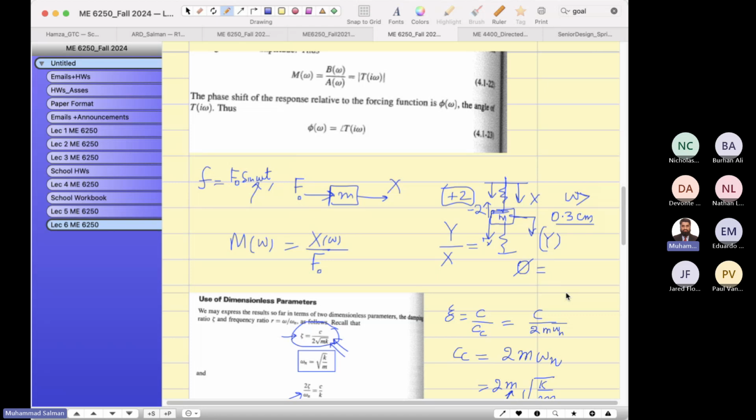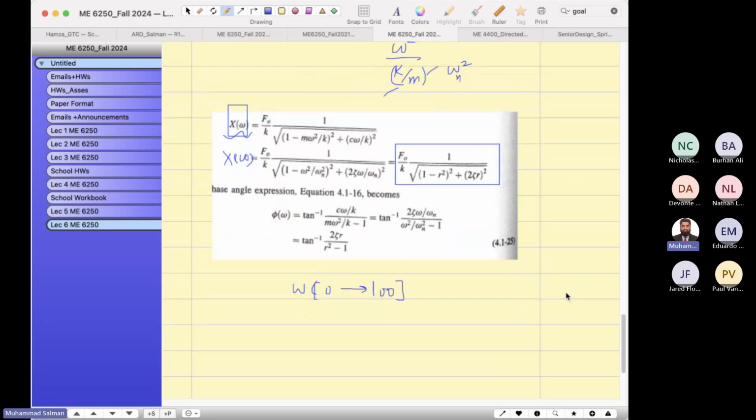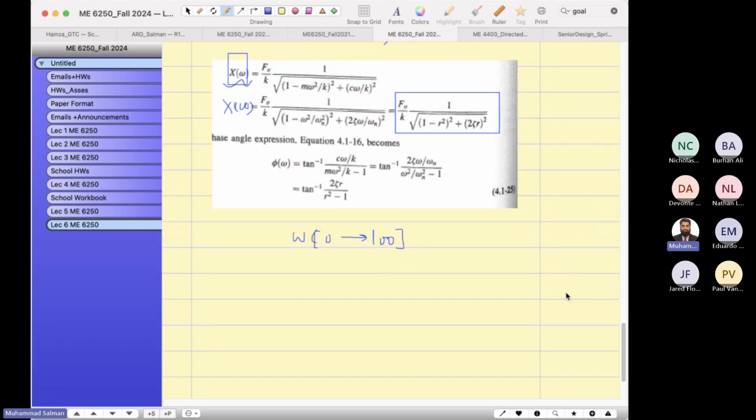But if you keep moving slowly, imagine a rubber band or a spring is holding the mass, moving slowly, like 1 hertz, 1 cycle per second, the mass will also move 1 cycle per second. But as you start moving the input from your hand at a high frequency, the mass will not follow it after a certain time, so it becomes smaller and smaller. So the magnitude of the response decreases at high frequency and increases at low frequency.